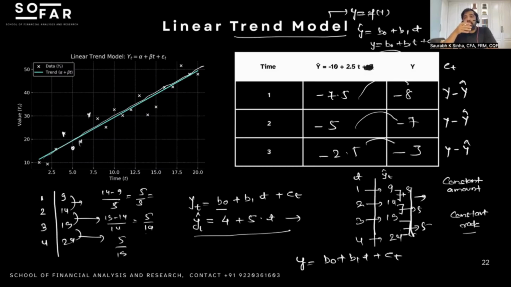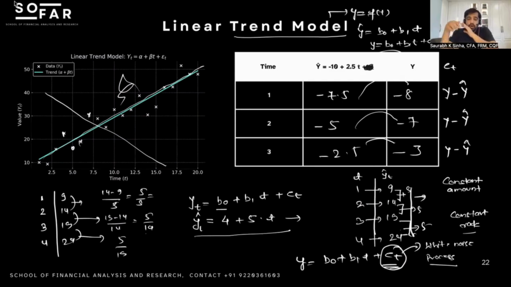Now, how many times in the real world have you seen that stock price is linearly increasing or linearly decreasing? Can you all hear me? So the question was how many times have you seen stock price or anything on the planet linearly increasing or linearly decreasing?